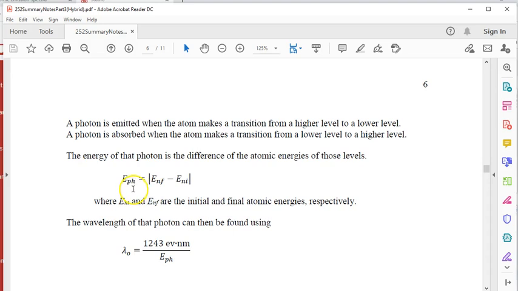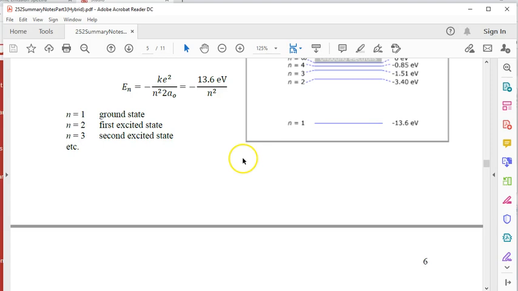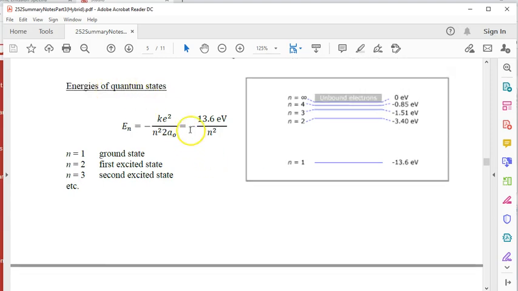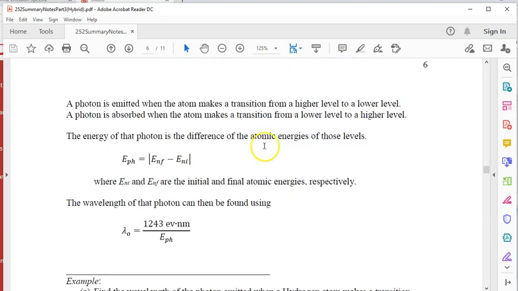The photon energy I always am going to denote with a ph subscript. So I always just take the difference between the two atomic energies, absolute value, and that's the photon energy, whether it's emitted or absorbed. Don't forget also that these atomic energies are negative. They're all negative. So you have to be careful when you're doing that subtraction.